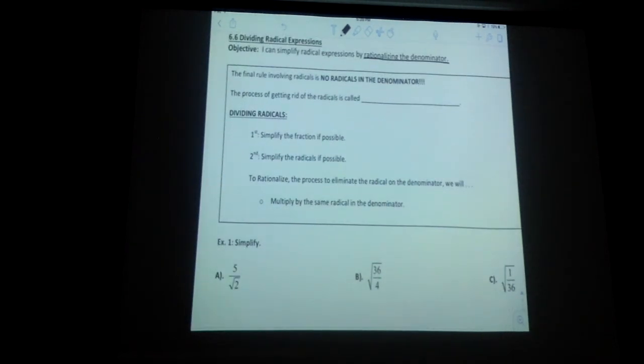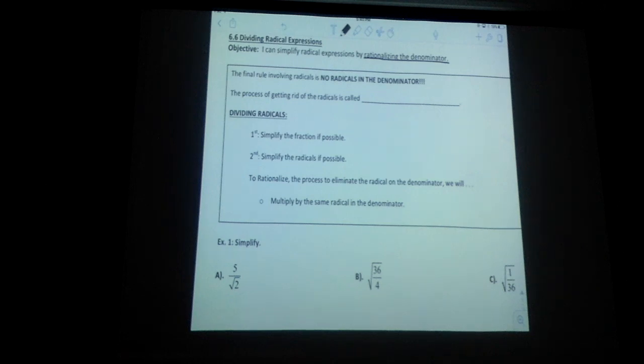Now, just a short little history: rationalizing the denominator comes from all the way back before calculators could do square roots. So what they did was they rationalized the denominator so that they could approximate to a certain number of decimals. We still do that today to simplify rational expressions and radical expressions.